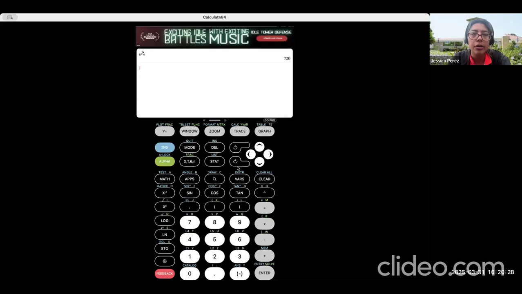I'm going to go to my screen here and let me clear it. I want to do math, then prob, then move to nPr. So I have 26 permute 2. I'm going to put parentheses on that number, and then multiply that by math, prob, nPr again, enter.